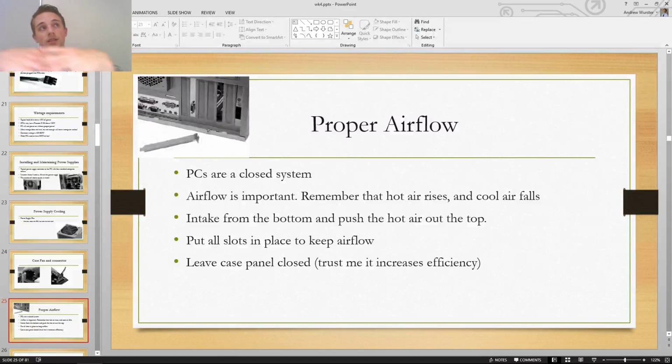And then as heat rises from the case getting hotter, the case fan in the back pulls all the hot air out. So if you have cold air coming in and cold air coming in, then you have all this air going in random directions and you don't get any airflow. It becomes very inefficient, is what I'm getting at. So put all the slots in just to keep everything flowing fluidly.